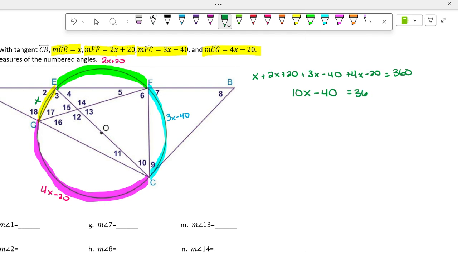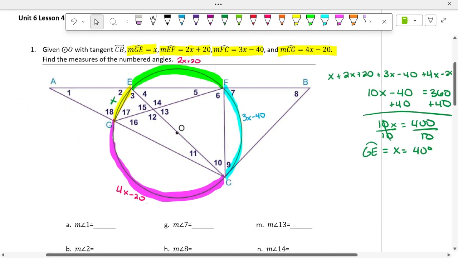And it's equal to 360. I then add 40 to both sides. So 10x is equal to 400. Divide by 10. X is equal to what? 40. So remember, x is also equal to GE. So the arc measure for GE is 40 degrees.